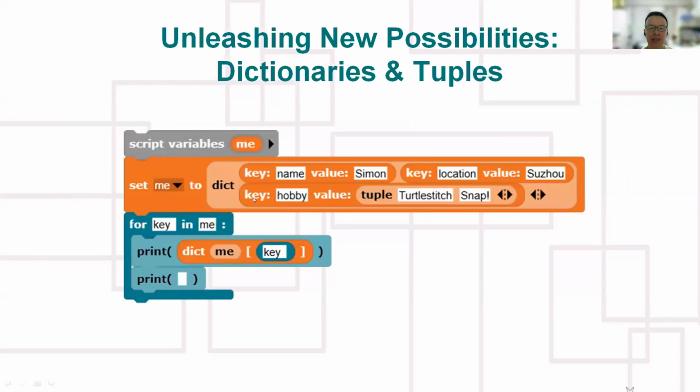And also we have a blockified dictionary and a tuple, and we can use it in our usual Snap or TurtleStitch program. This ring is a translator that translates the text variable to a block variable.